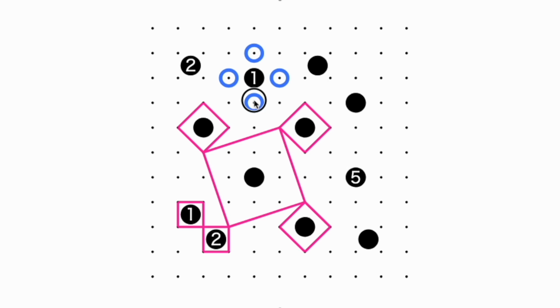It can grow as much as this. Anything larger than that, it's going to touch more than one box. So it is either that square or that square.